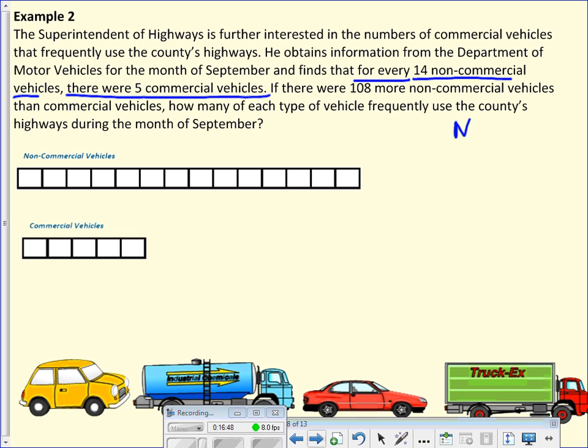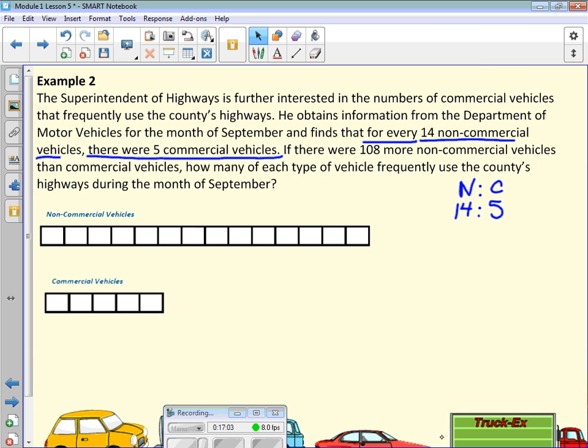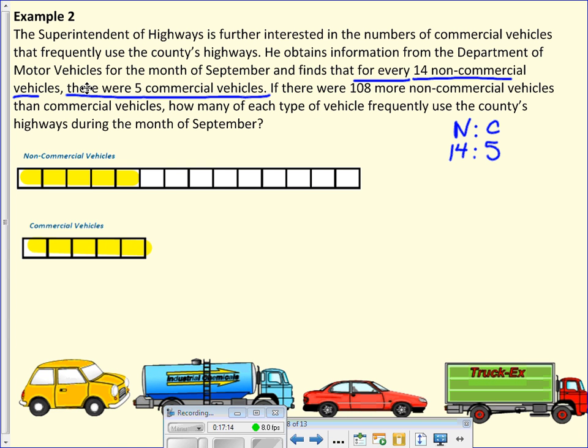We have non-commercial was 14, commercial was 5. So that's our basic ratio. Make sure that your 5 commercial vehicles line up under your 5 non-commercial vehicles. Trust me, it's going to help you with the next part.